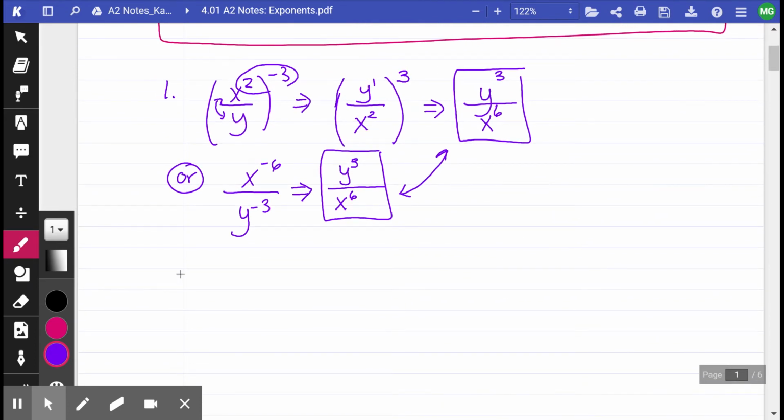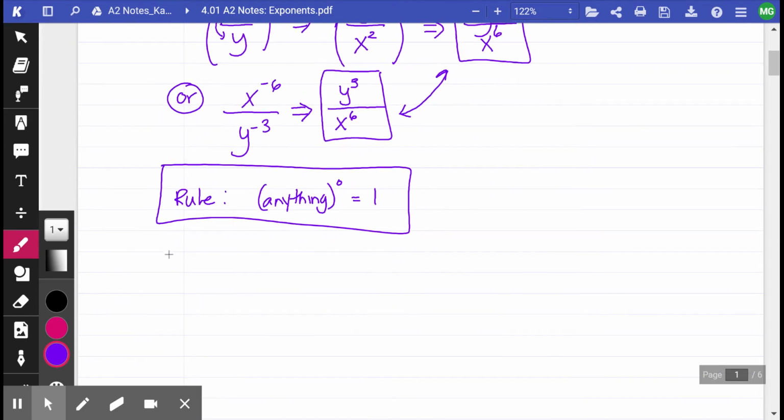Another rule that I'd like to go over is anything raised to the 0 power is 1. So if I had x to the 0, that gives me 1.